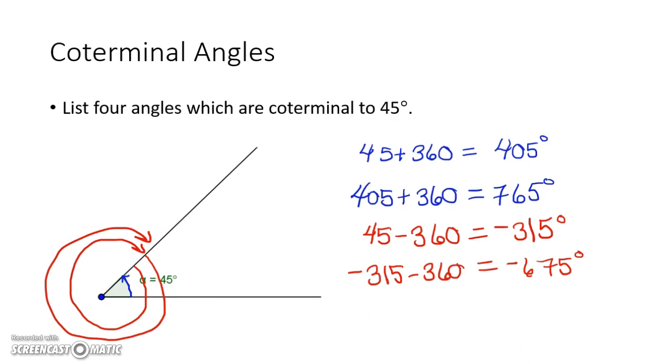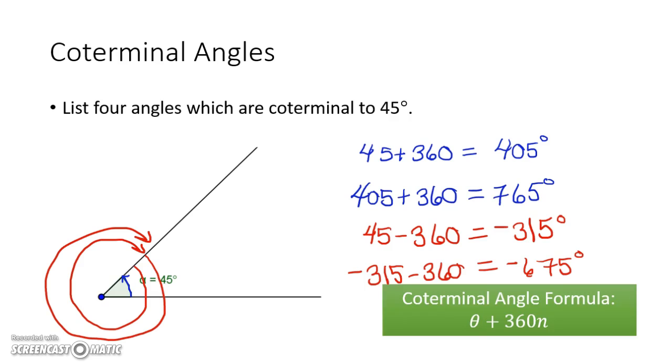So that was coterminal angles, and we have a formula for it as well that you may have picked up on. You're going to take your angle, which is currently called theta. That's just a Greek letter there. So theta, whichever your angle is, plus 360n, where n can be any positive or negative integer.